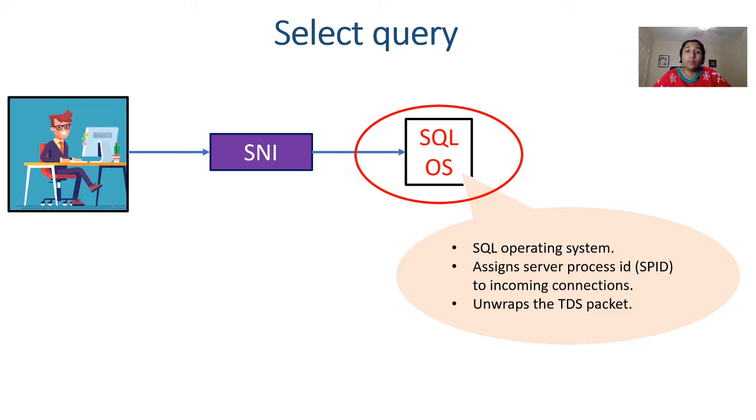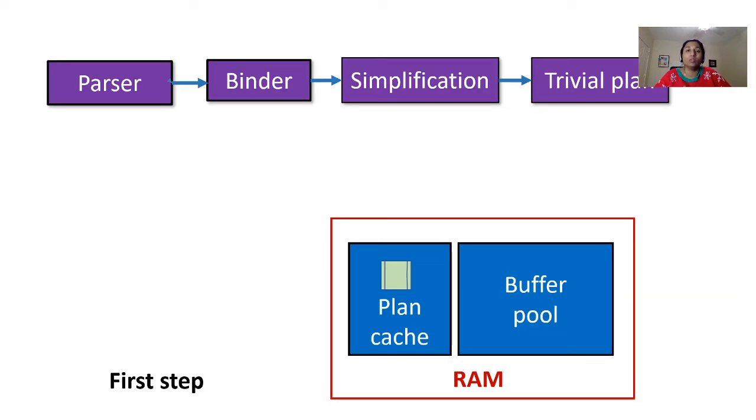So once the SPID has been assigned by the SQL operating system, that particular tabular data stream packet will be unwrapped by the SQL operating system, which identifies that query as the SQL query, and that particular query will now be sent to the first step of the relational engine. Now the first step of the relational engine is the parser.